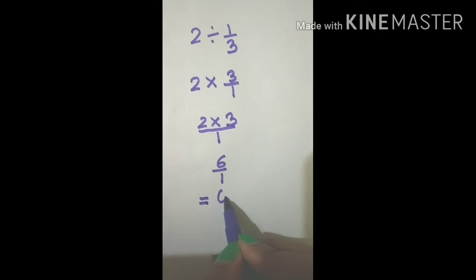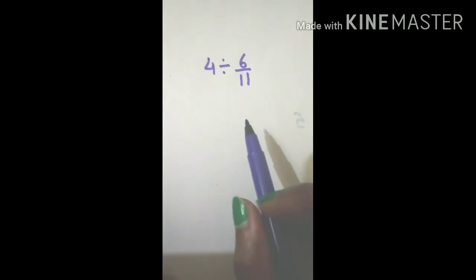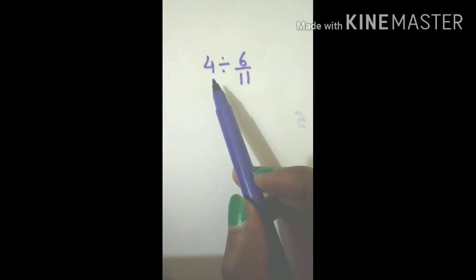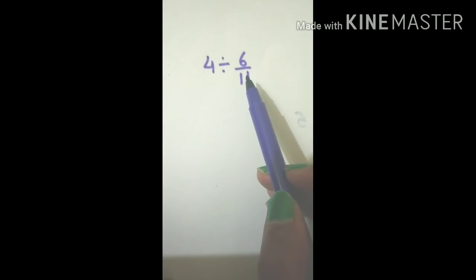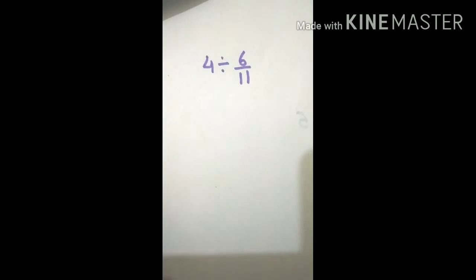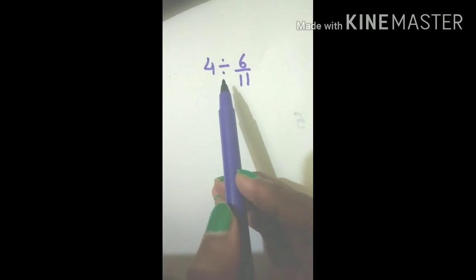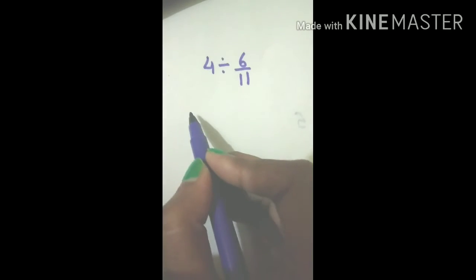We can simply write the numerator 6. Now look at this question. Even in this question, we have to divide this whole number with this fraction. And even in this question, we will be changing this division sign into multiplication sign.